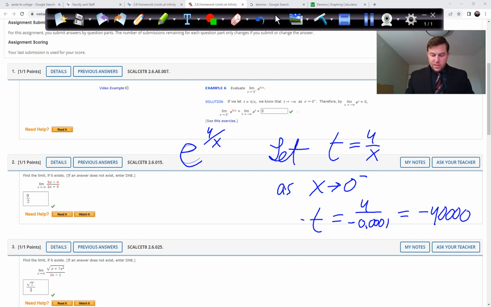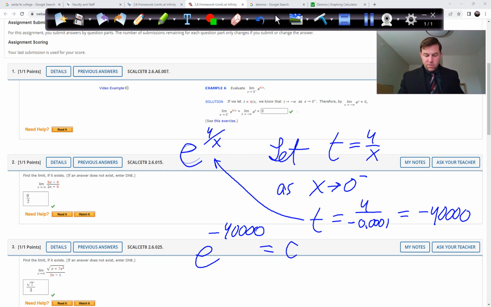Now plug that into the exponent function. So if you type in your calculator e to the negative 40,000, I mean, actually there's probably no point in doing this. It's going to be 0. My calculator just straight up says 0.